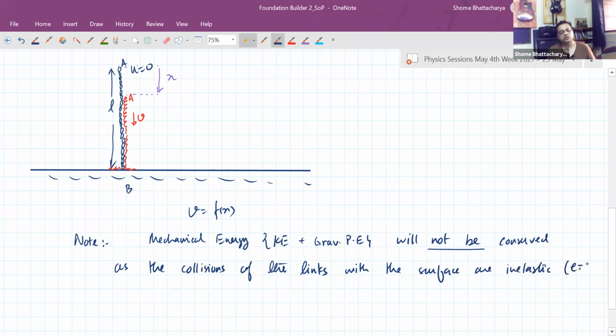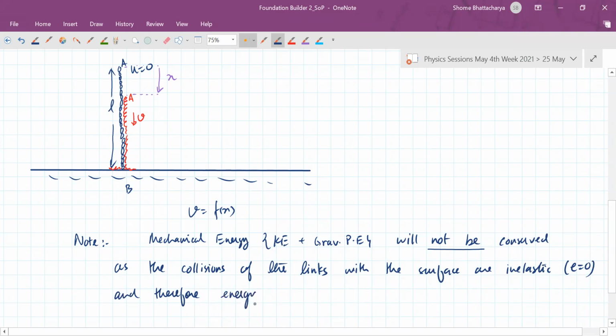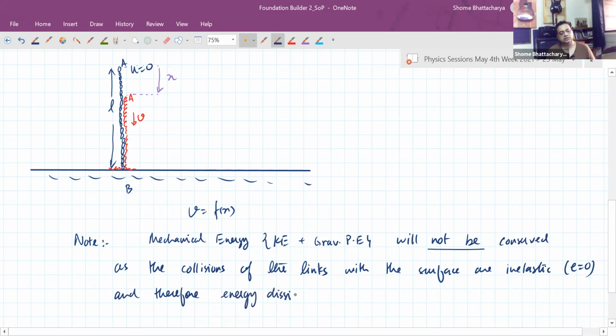In fact, they are e equal to 0 type inelastic collisions because they don't bounce, and therefore energy dissipation occurs.